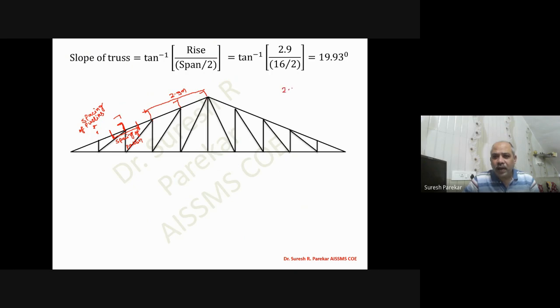So 2.9 minus 0.1 will be 2.8, and spacing of purlins equals 2.8 divided by 2, because on 3 purlins we have that sheet, meaning we get 1 and 2 spacings of purlins, and then we get 1.4 meter. Likewise, you can decide your spacing of purlins, and then you can decide all these things.